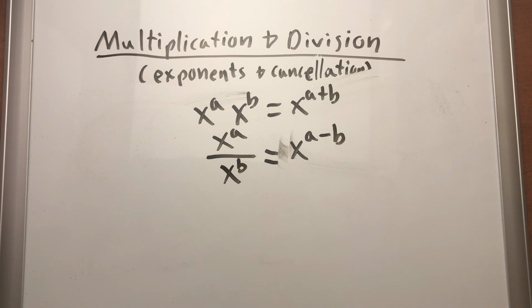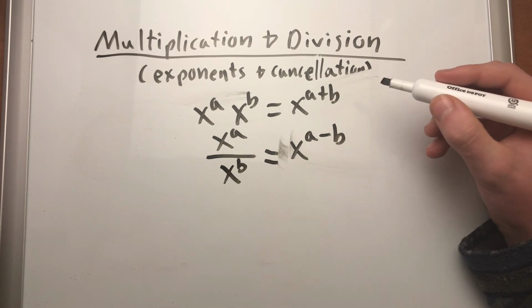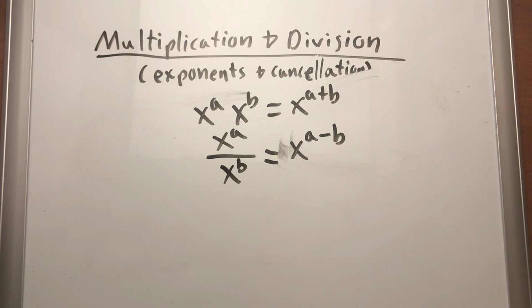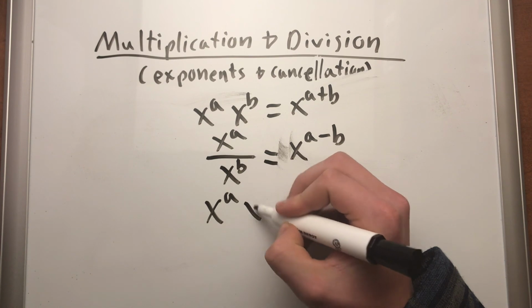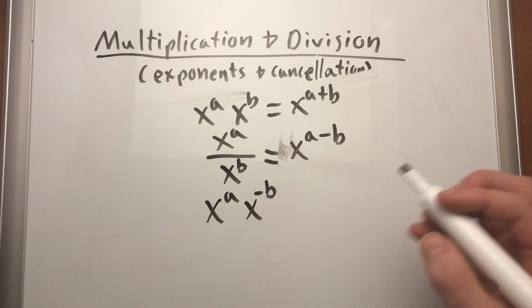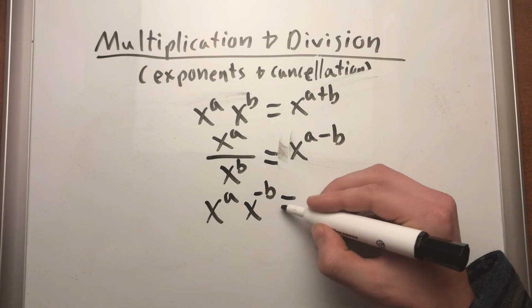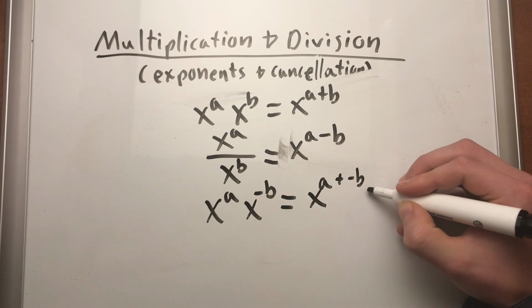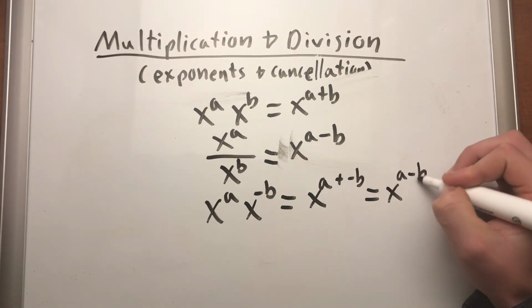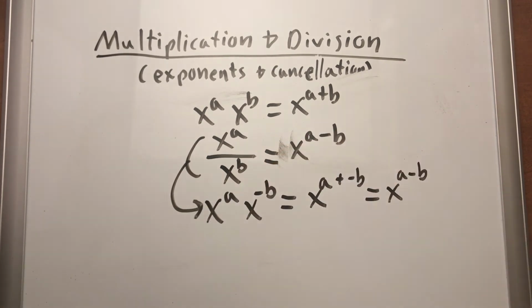And these are actually the same rule, just written in different ways, because x to the a over x to the b can be rewritten as x to the a times x to the negative b. And following our first exponent rule, we know that we would get x to the a plus negative b, or x to the a minus b. So really, the exponent division rule and the exponent multiplication rule are pretty much the same thing, just with an extra negative thrown in.